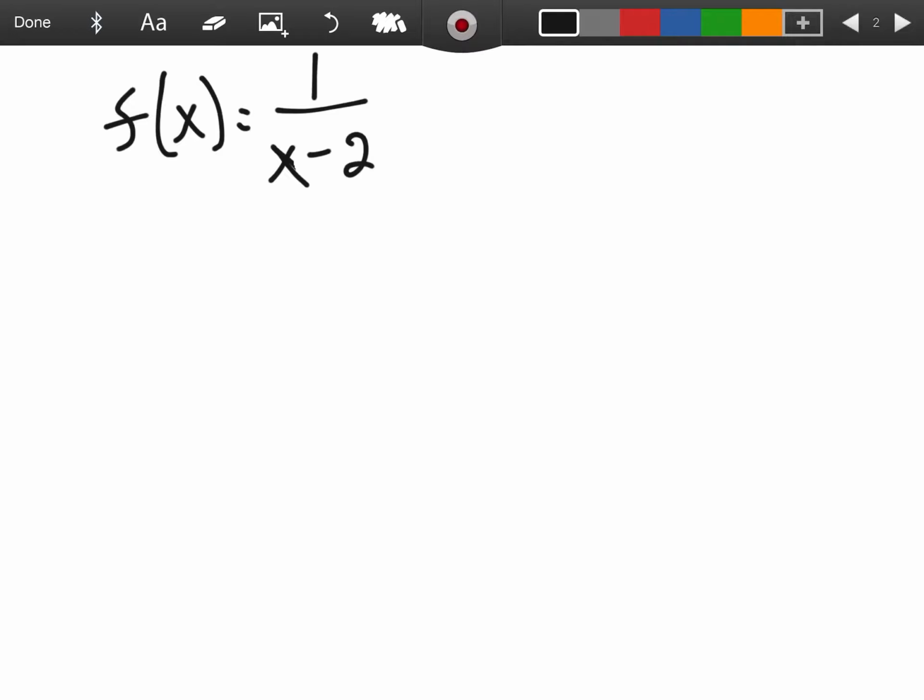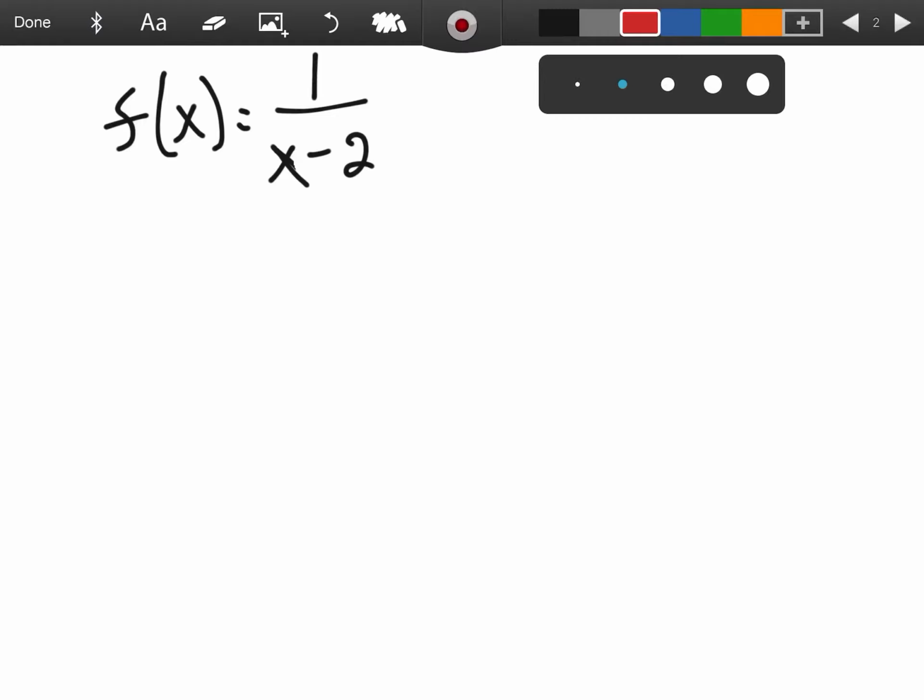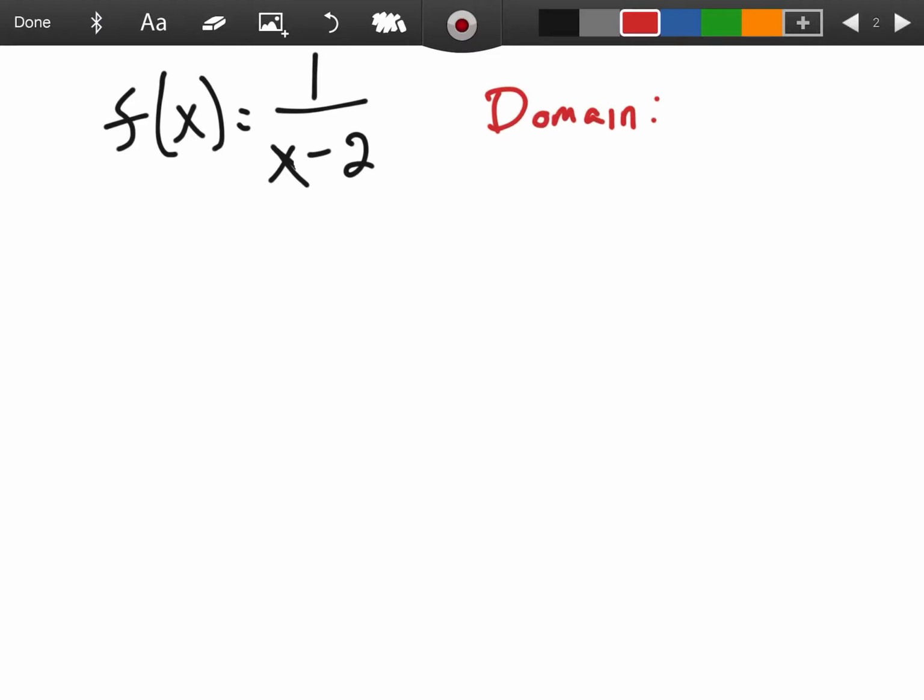So thinking back to working with domain, if I ask you what is the domain of this function, we know that we cannot divide by 0, right? That is not allowed. So x minus 2 can't be equal to 0. So x can't be equal to 2.